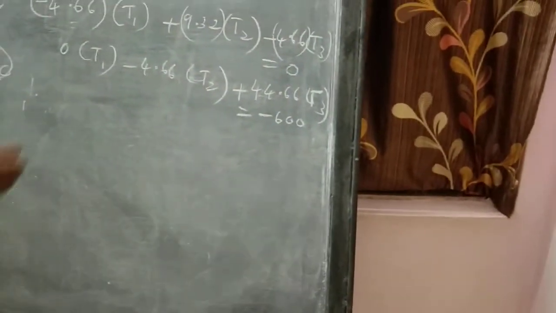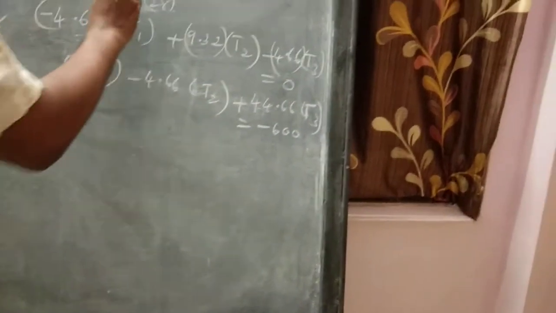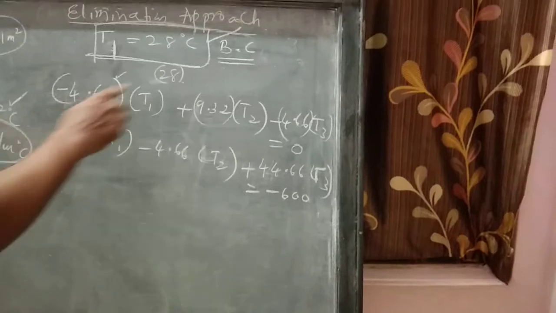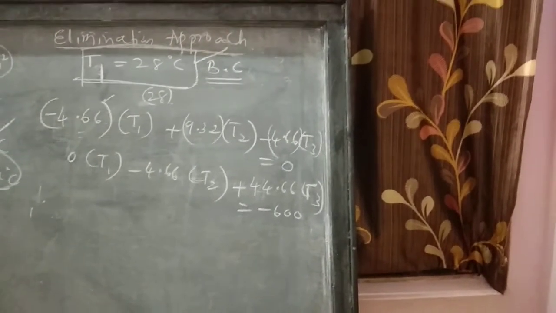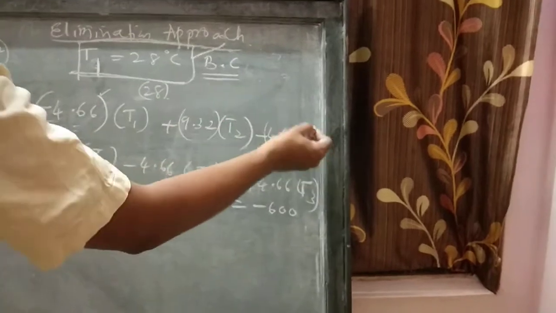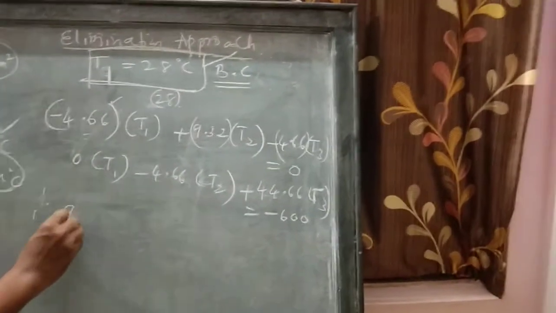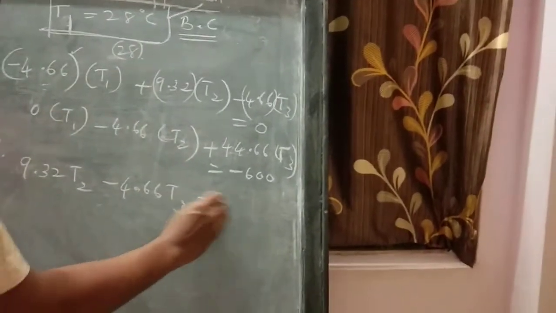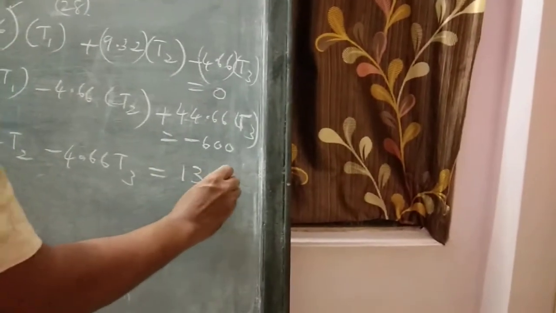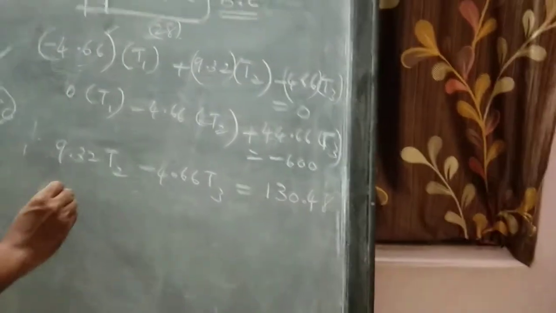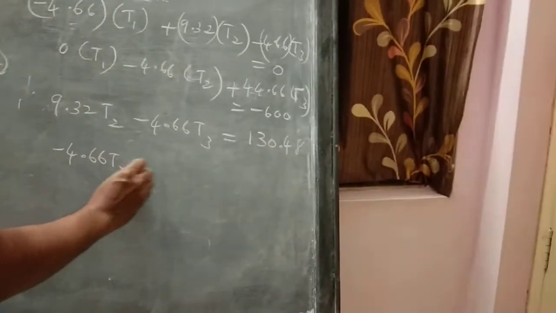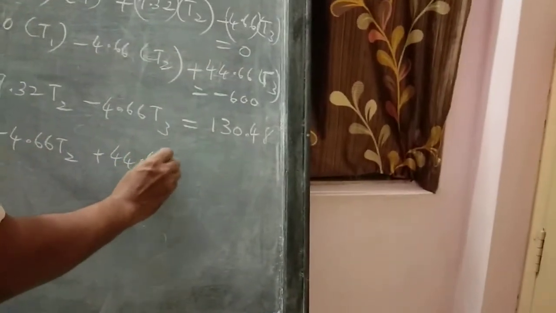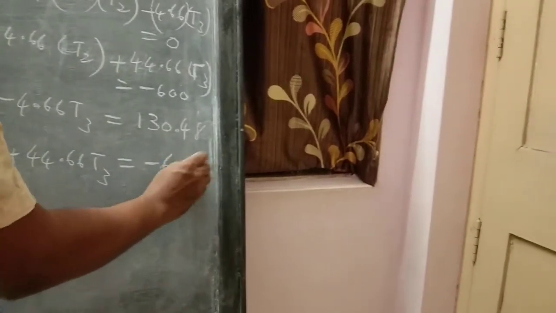These two equations we will solve to get the nodal temperatures at nodes 2 and 3. First calculate 4.66 into 28, which is 130.48. Taking it to the RHS gives plus. So one equation is 9.32 T2 minus 4.66 T3 equals 130.48, and the second is minus 4.66 T2 plus 44.66 T3 equals minus 600.